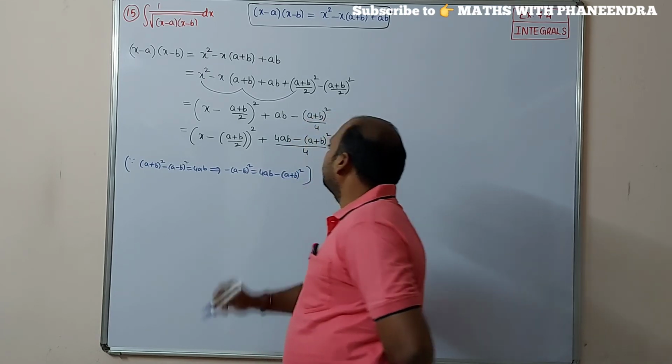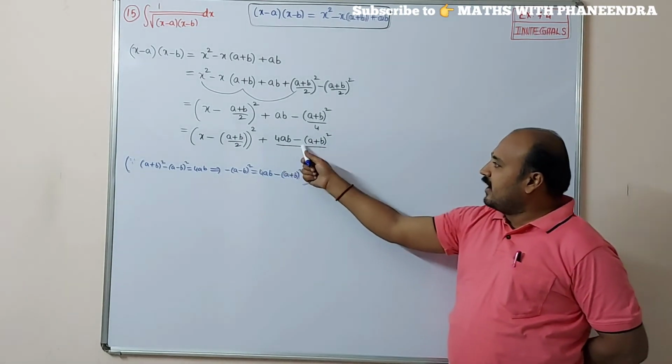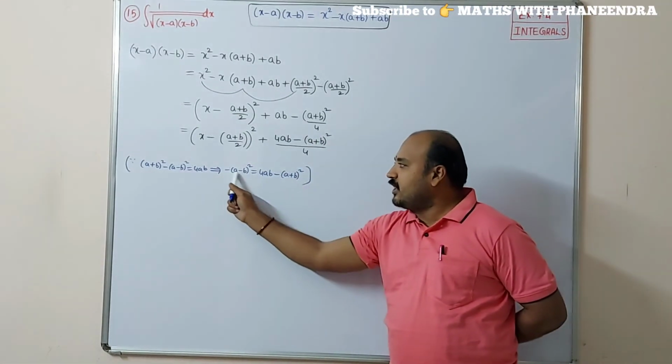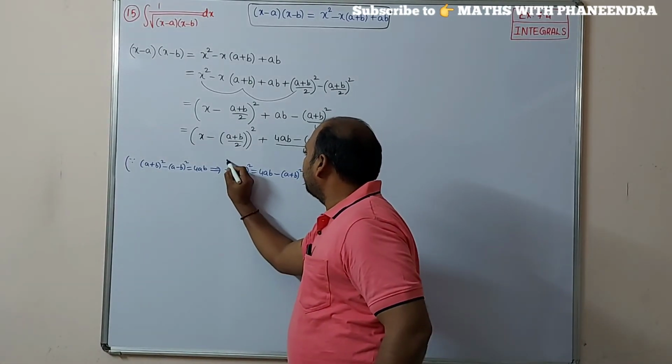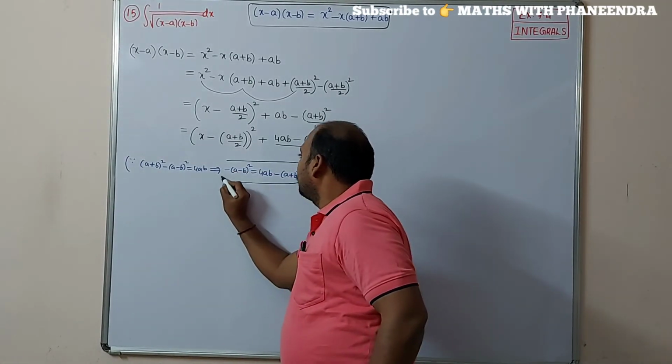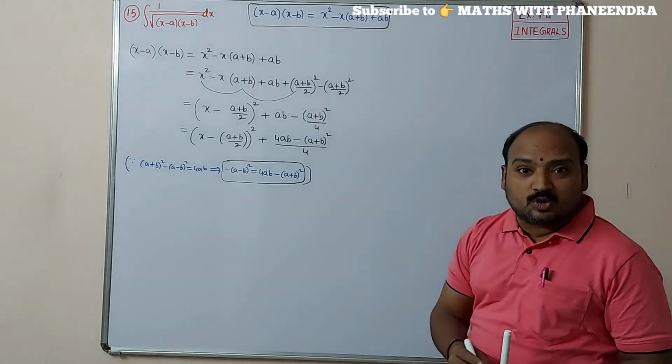Am I right? So in place of 4ab minus (a plus b) whole square, I am going to replace with this value, minus of (a minus b) whole square.